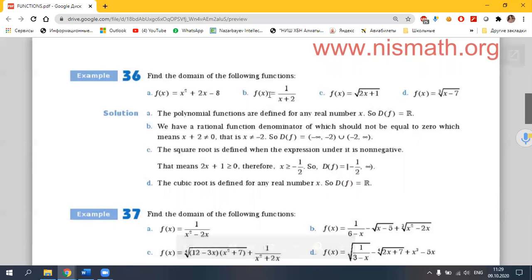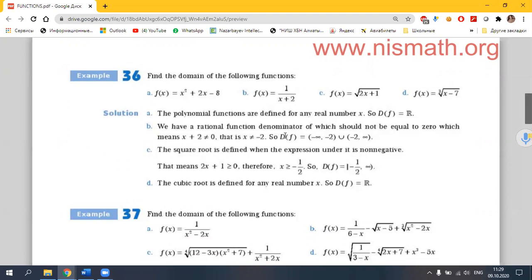Second, f of x equals to 1 over x plus 2. So x plus 2 cannot be equal to 0. Бөлімі нөлге тең бола алмайды. So x cannot be equal to negative 2. Яғни минус 2-ден басқа сандар қабылдайды.